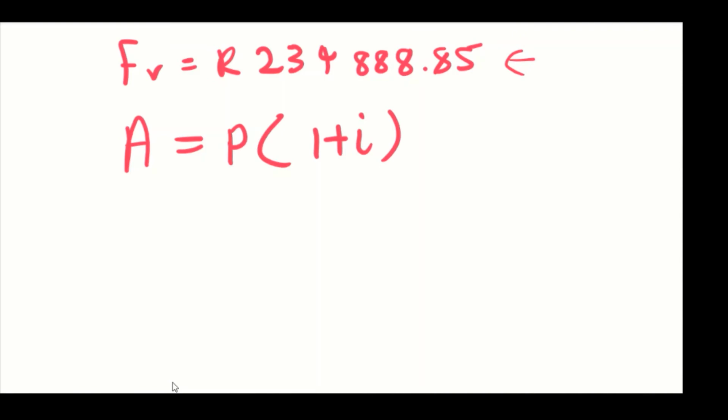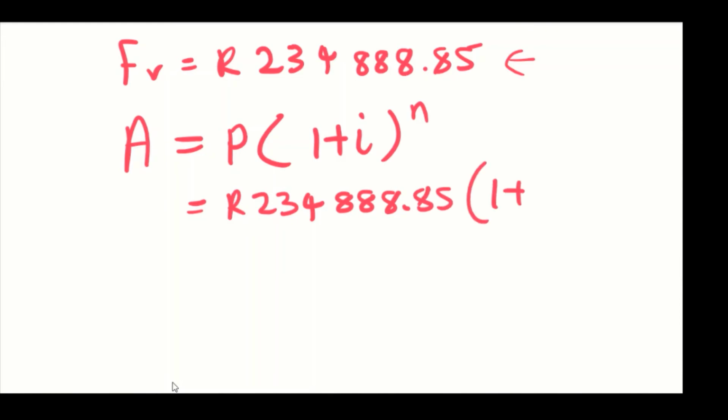So you're not making any constant payments now, hence we're using this formula here with the power n. So we're just going to write 234,888.85 into 1 plus, remember the interest rate, 0.075 divided by 12, to the power of 12, right? So this is your compounded monthly, and remember that it's multiplied by 1 for 1 year.